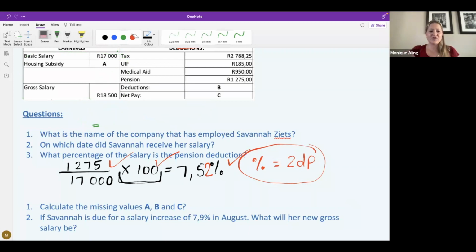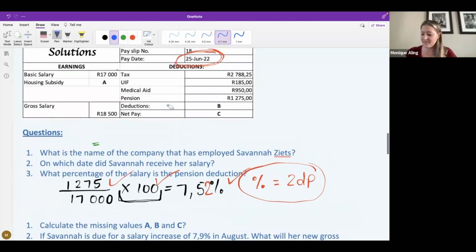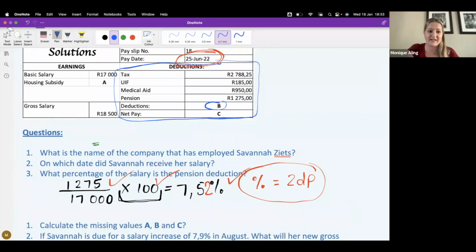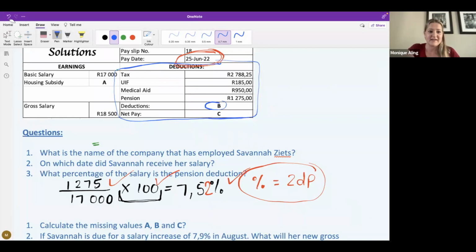B is asking us to work out the total of the deductions. As we can see, this whole section here is our deductions, and B is the total. So what we need to do is add everything up.